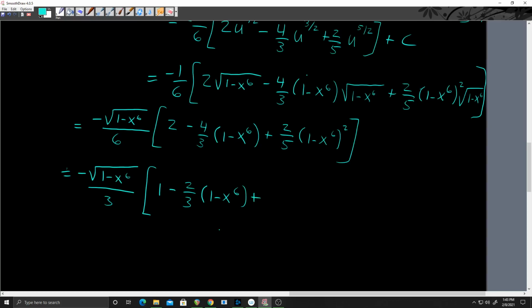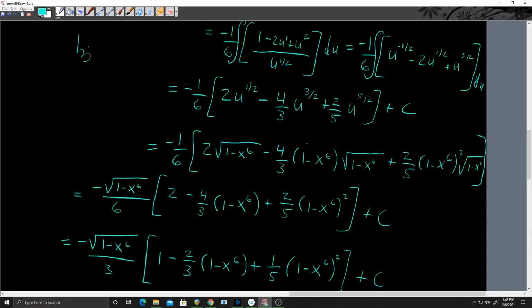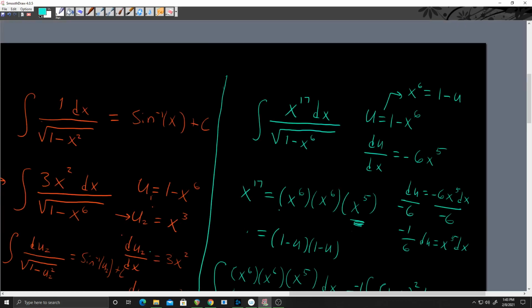Plus, pulling the 2 out, this is going to be 1/5 times 1 minus x to the 6 whole thing squared. Plus c, and don't forget to plus c here just in case. There we go. That's about as simplified as I can make it.